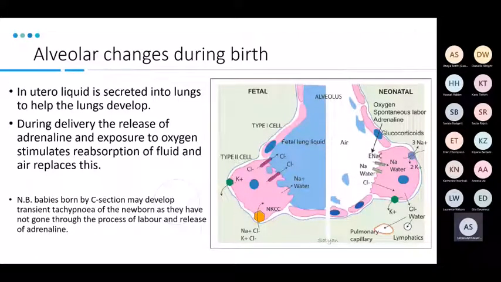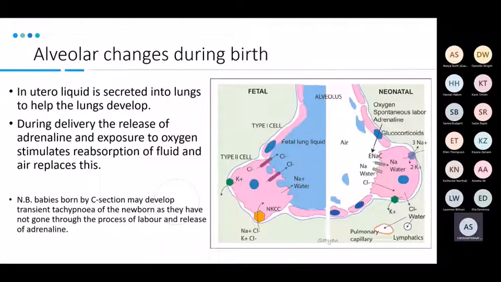So when you're in utero, your lungs are filled with liquid. So you've got these chloride channels, which are pumping chloride ions into the alveolar space. With this, water follows because ions follow water, and sodium is the positive ion, which wants to cancel out the charge, so it follows through as well and diffuses into the alveolar space.